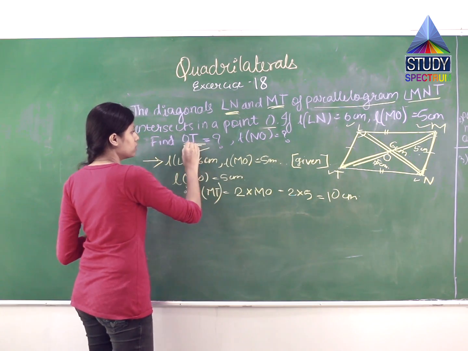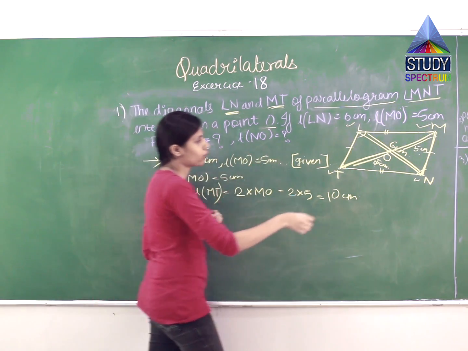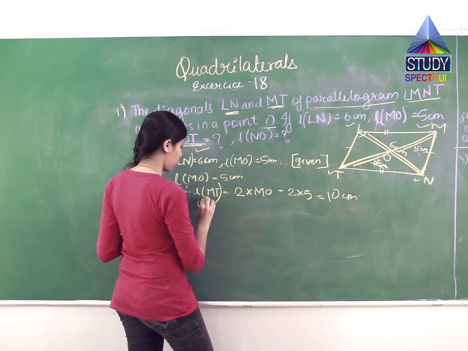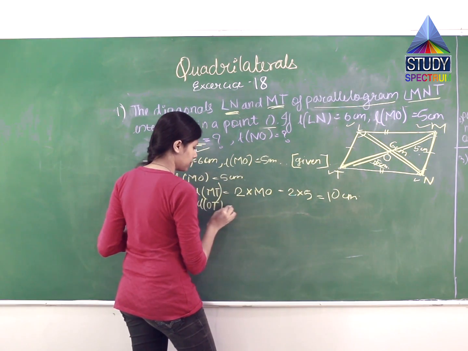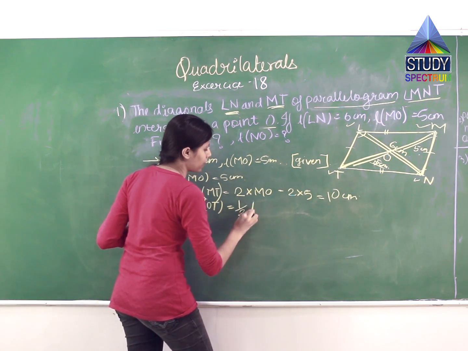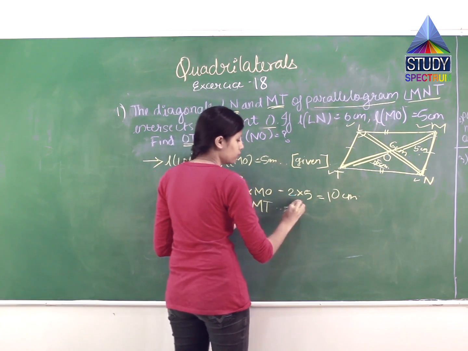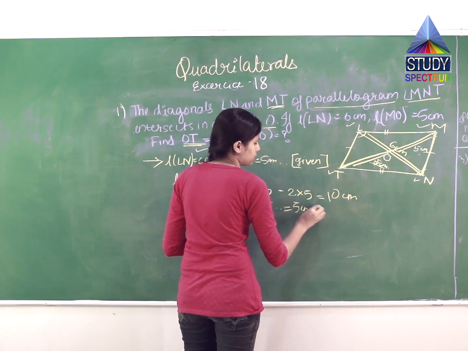Now we have found this MT. Now let us find what is the measure of this OT. Length of OT is equal to half of MT, which is equal to 5 centimeter.